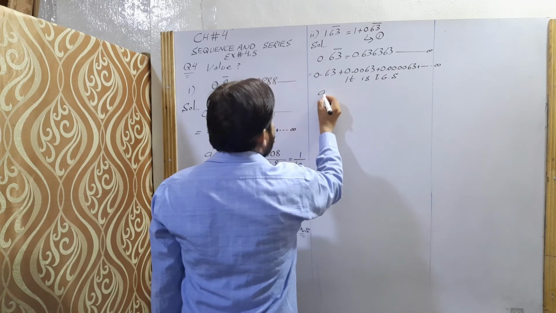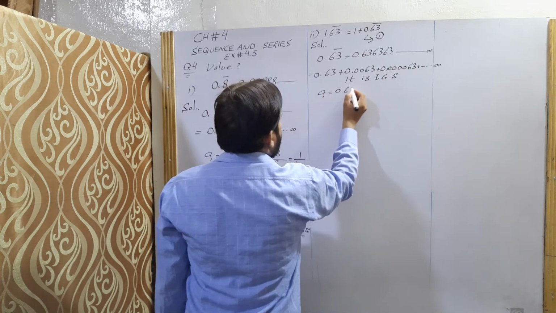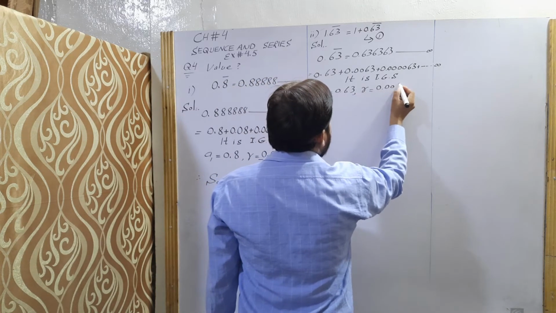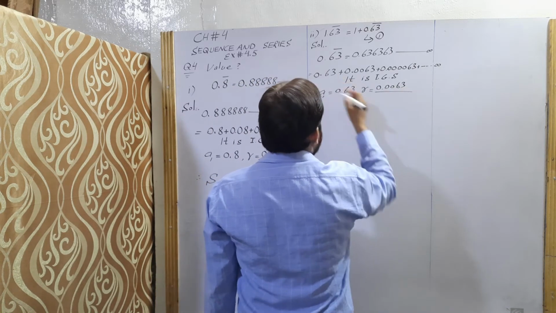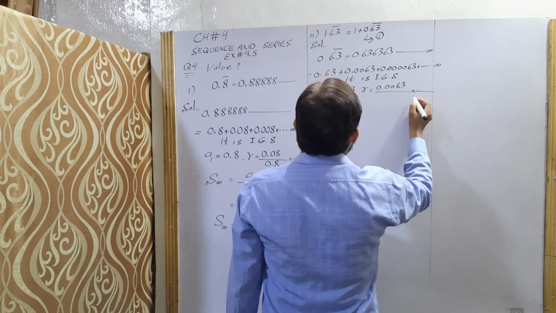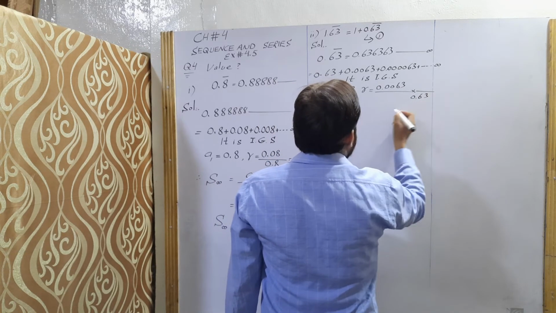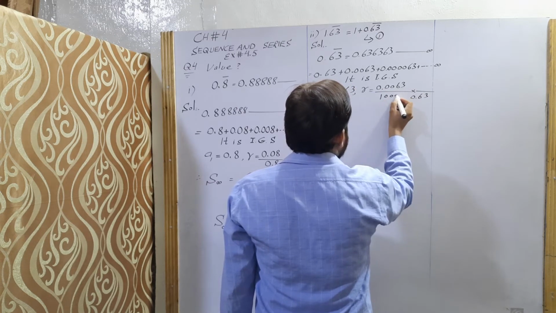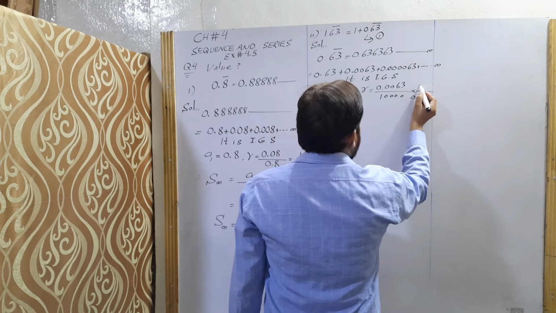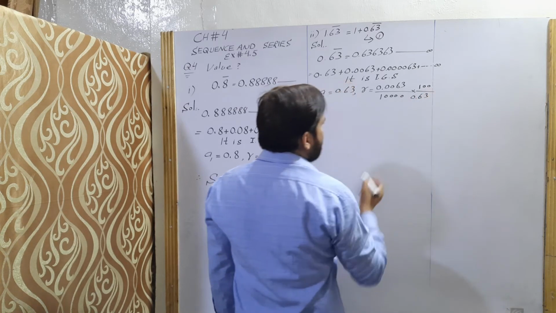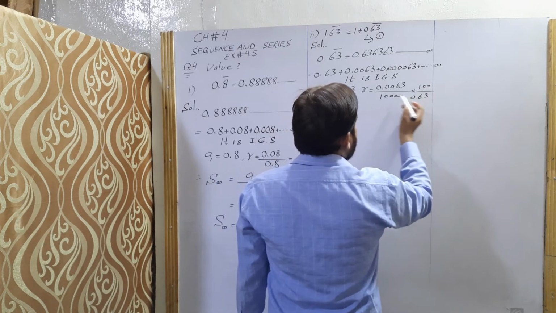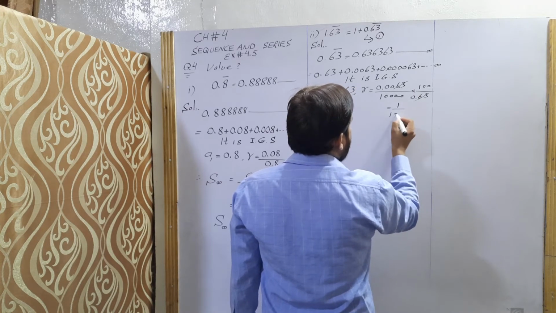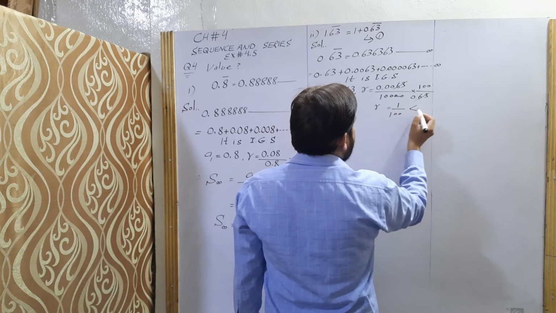In this case a1 is 0.63 and the common ratio is the second term divided by the first term 0.63. There is a point, write 1, and 4 digits; there is a point, write 1, and 2 digits. So 2 zeros cancel with 2 zeros and 63 cancels with 63. There is 1 over 100, which is r and which is less than 1.